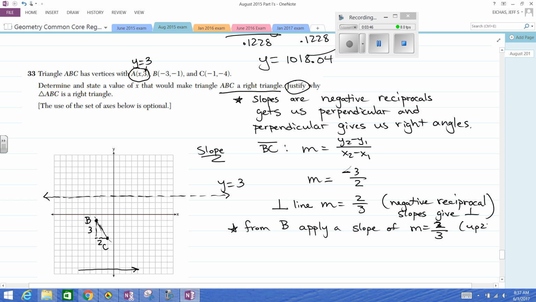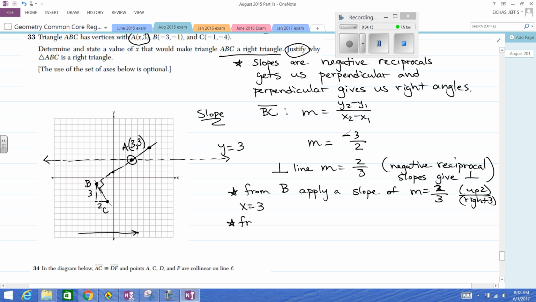That's up 2, right 3. Let's do that: up 2, right 3, up 2, right 3, up 2, right 3. If we went along this line, that would get us a right angle. So one location for A could be 3, 3. So that's one answer. X could be 3.